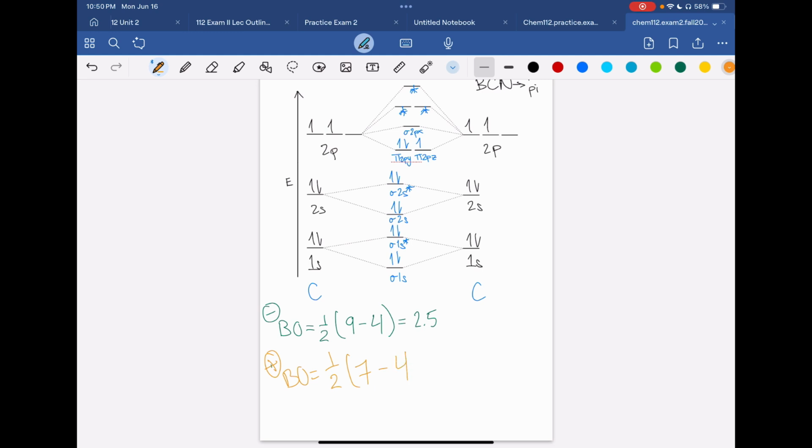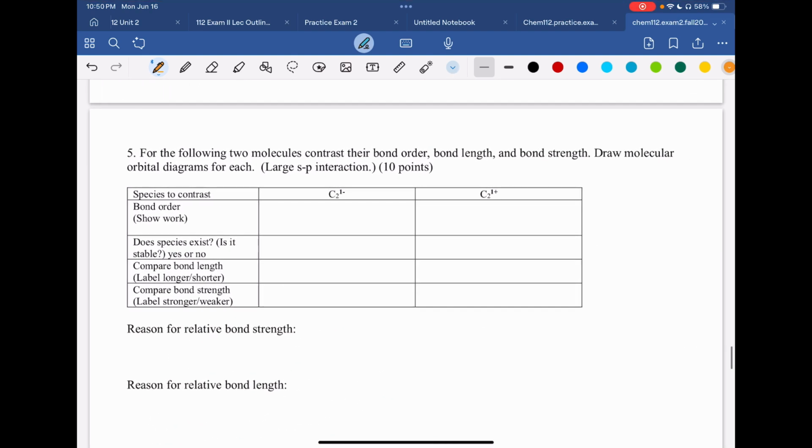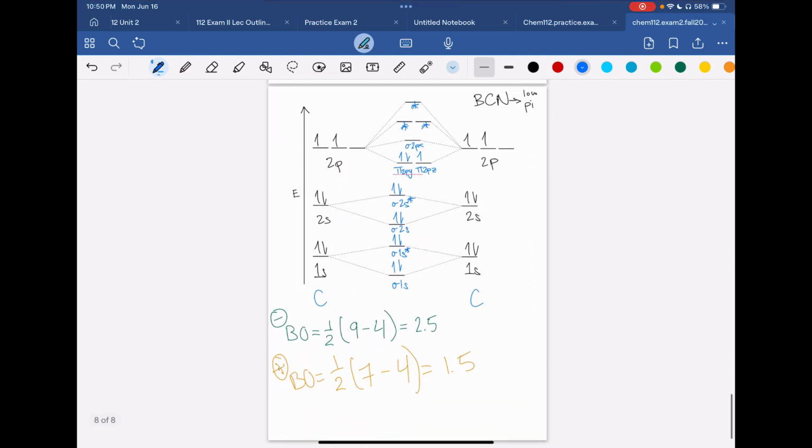Antibond is still 4. So what is 7 minus 4? It's 3. What's half of 3? 1.5. Go back over here. For the negative, it was 2.5. The positive is 1.5. Correct.